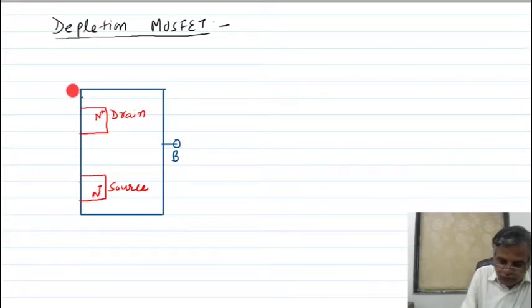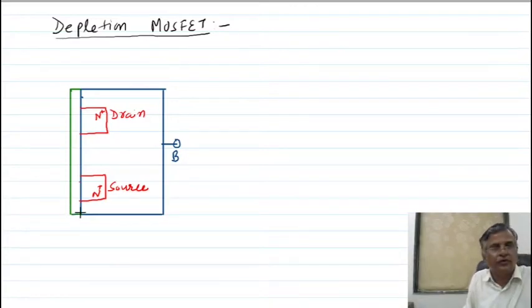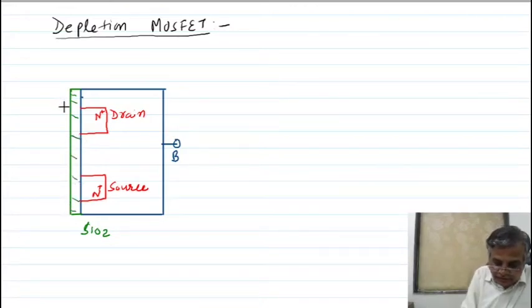Here I am showing you a very thin layer of silicon dioxide, SiO2. This is the SiO2 layer I am giving here. On this there is aluminum metal.